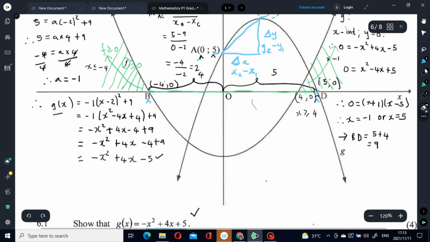Right? So let's just write it. So for f of x to be greater than or equal to 0, it means that x should be greater than or equal to positive 4, and x should be greater than or equal to, hold on.